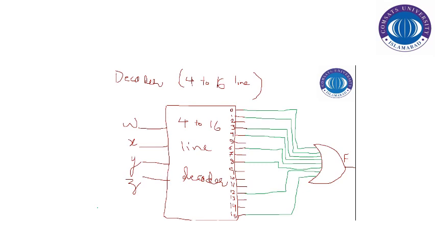So the same Boolean function is implemented with the help of a decoder and OR gate only. Now let us go and try to implement it with multiplexers.